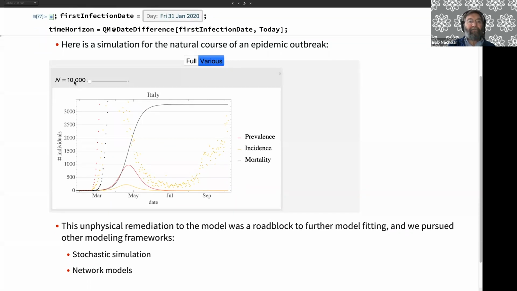And now I've got the effective population down to 10,000, which is just totally unrealistic. And at this point, I decided to move on and start looking at other types of modeling for the pandemic instead of trying to play around with this particular one and add band-aids to it, as it were.